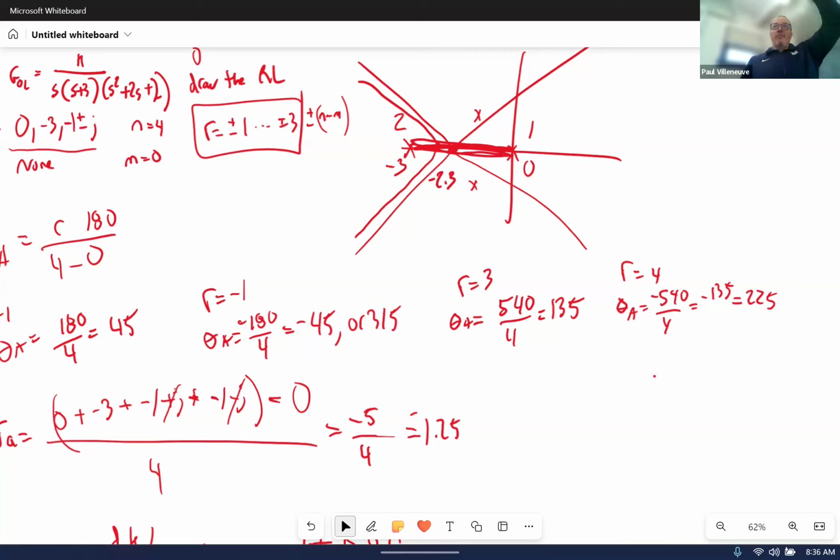So if you're going to approach it at plus 135 and plus 225, then you're probably going to want to stay to the left. So those two leave that location. What about the other ones? Well, I have two complex poles, correct?